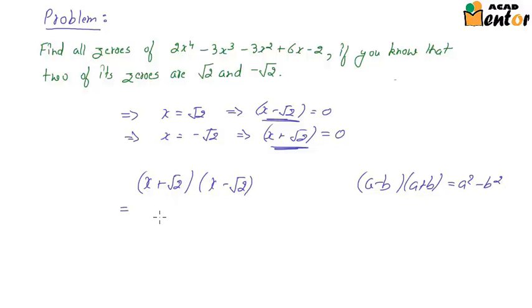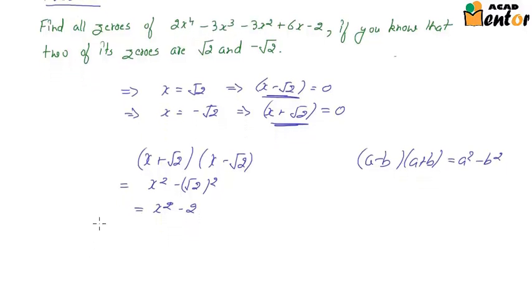So this becomes x square minus root 2 square, which will be x square minus 2. So we know that this x square minus 2 is a factor of this polynomial. In order to find the rest of the factors, we divide this polynomial by x square minus 2.